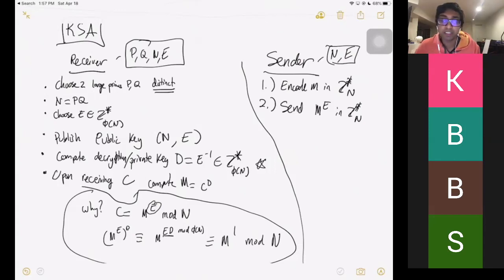That means m is a multiple of things in Z star n. Close. I think you have the right idea. I think your wording is just slightly off. I don't really follow what you mean by multiple of things in Z star n.